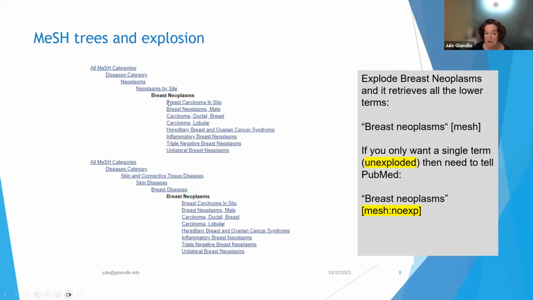So you'd need to type in breast carcinoma in situ, carcinoma ductal breast, and these 4 as well, if you were turning explosion off but you wanted some of these. So that's why explosion is basically a time-saving process. And as soon as you can't use it for whatever reason, then you do have to take a screenshot of these and then remember to search for each one in turn. So you manually add back the pieces you want.